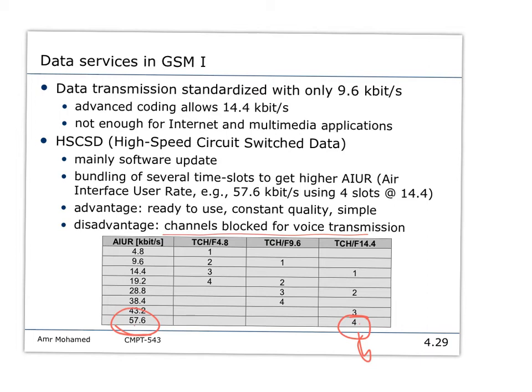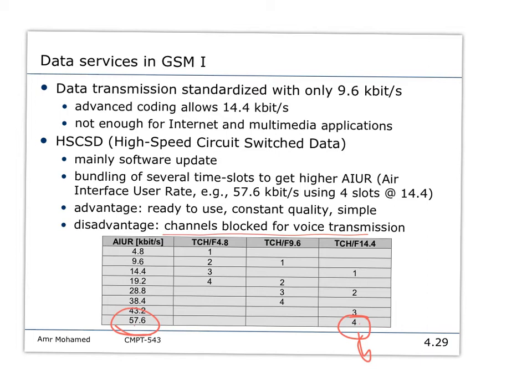So all the mobile station does is to request a service with specific data rate requirements or specific application requirements, and then the BSC will perform resource allocation to decide, based on these service requirements, that I need to bundle, say, 4 different physical channels or 2 or 3 or whatever.